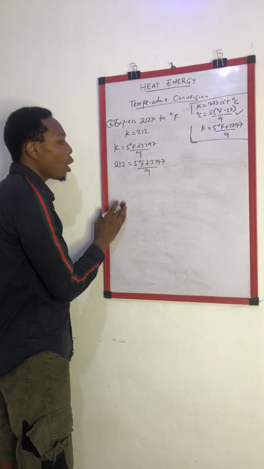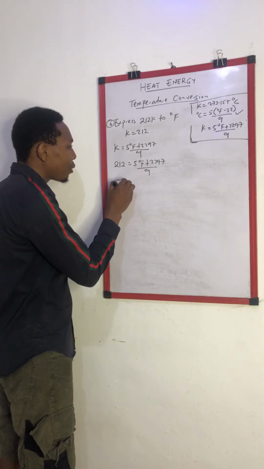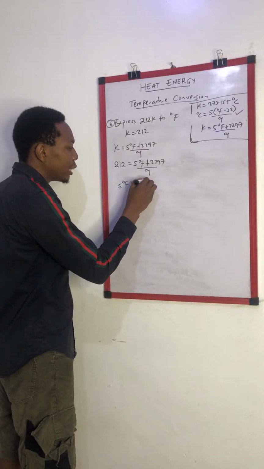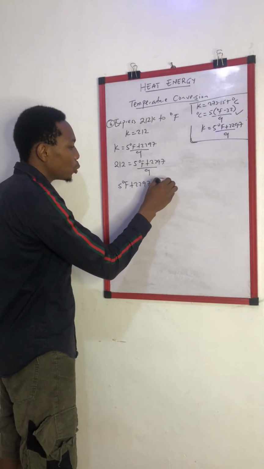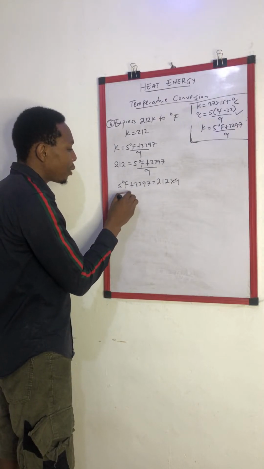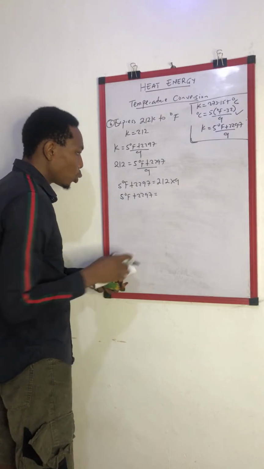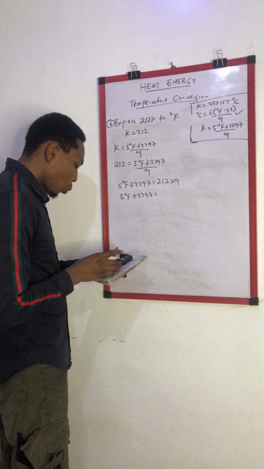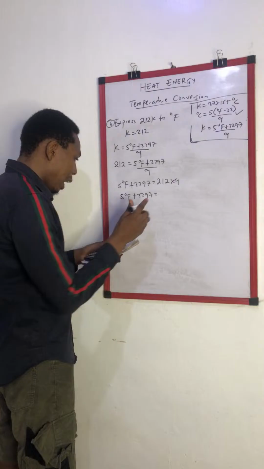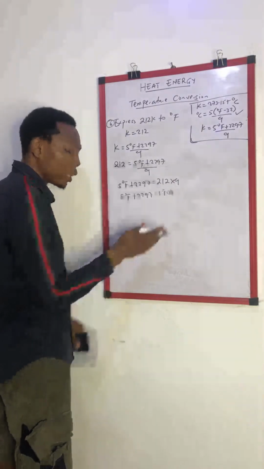Okay, so from here, what do we do? We cross multiply. So we have 5 degree Fahrenheit plus 2297 equals to 212 times 9. 212 times 9, so we have 1908. What do we do?